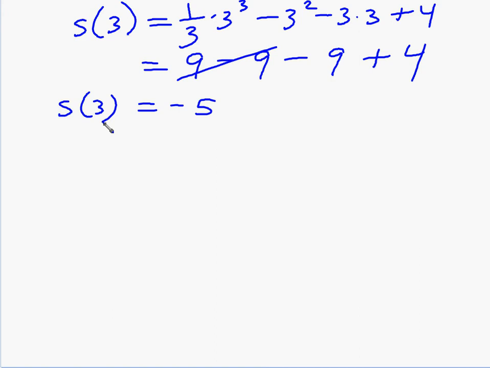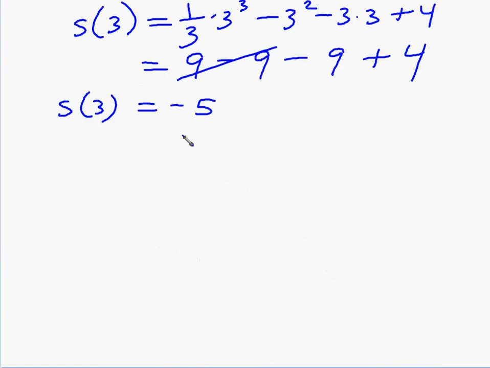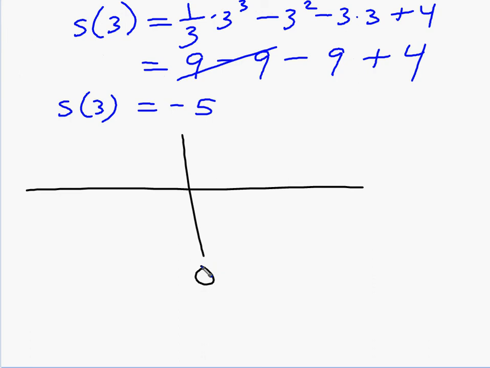So let's slow down here for a minute because this is all new, and I want to make sure you understand what's just happened to this particle. Where did I start? I started at 4. So let's think of this on the x-axis. Here's 0, 1, 2, 3, 4.